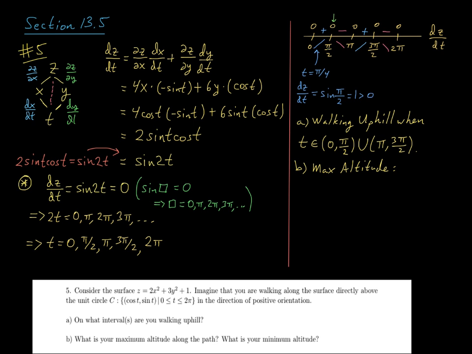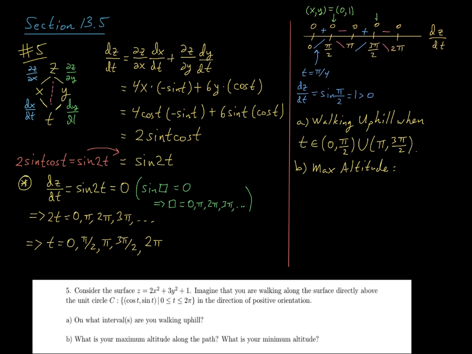So, for example, when t is pi over 2, if I plug in pi over 2 for x, I'm going to get 0. So here I'm saying my xy coordinates at pi over 2 would be x is 0, and y would be the sine of pi over 2, which would be 1. Now that makes sense, right? We're just saying we're at the top of the unit circle when our time is pi over 2.